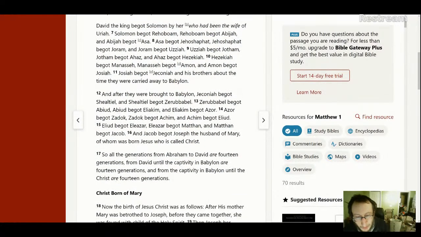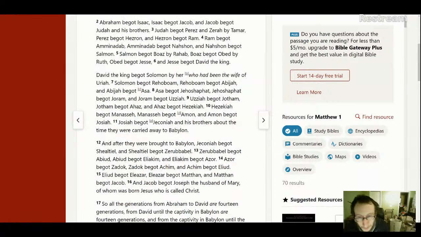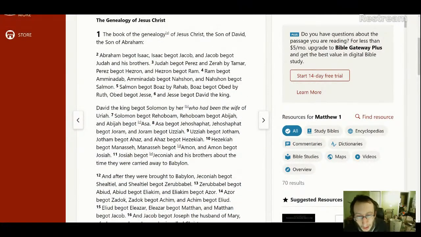So for example, Mary is mentioned because she's a virgin. She's never had sex. The wife of Uriah is mentioned because of adultery. Tamar is mentioned because of prostitution.